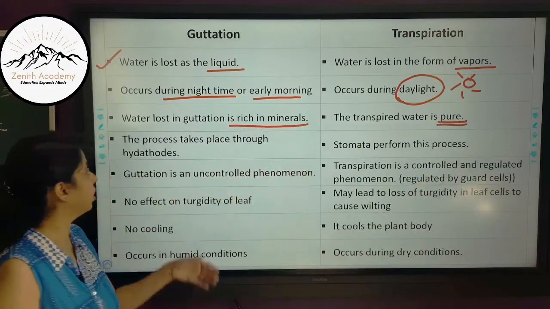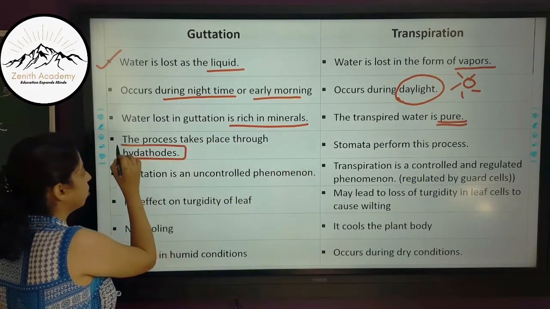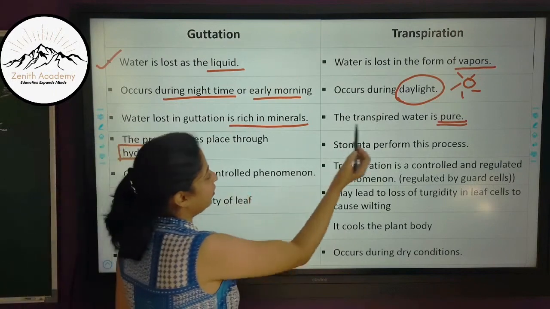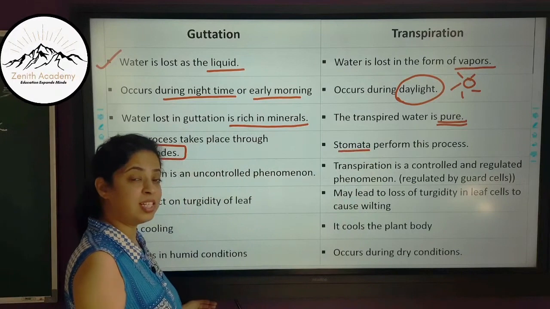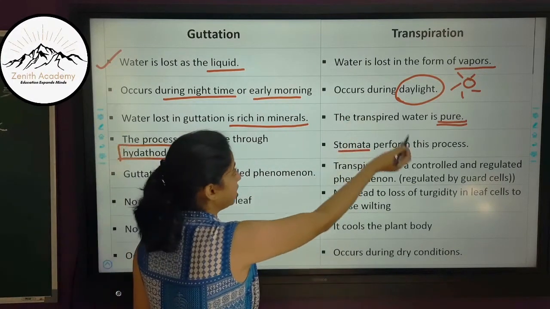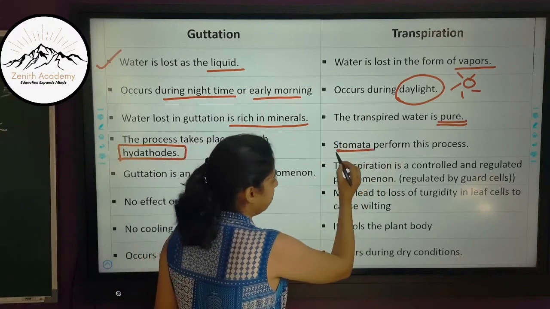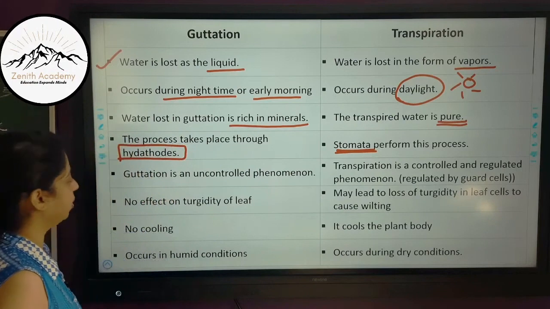Guttation takes place through hydathodes, whereas in transpiration stomata perform this process as well as lenticels and cuticles. So transpiration happens maximum due to stomata, also due to lenticels and cuticles.